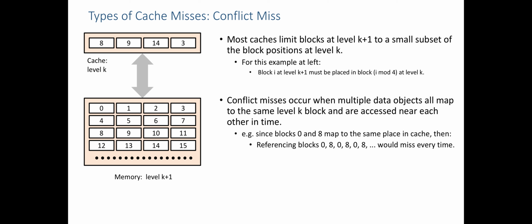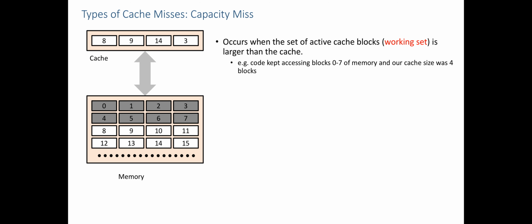And then there's another interesting kind of miss that can happen, and that's called a capacity miss. Suppose that our program was exhibiting pretty good spatial or temporal locality in the blocks we were accessing. Maybe we were accessing data over and over again, or we were looping in a program that had a whole bunch of instructions, so it kept going back around.